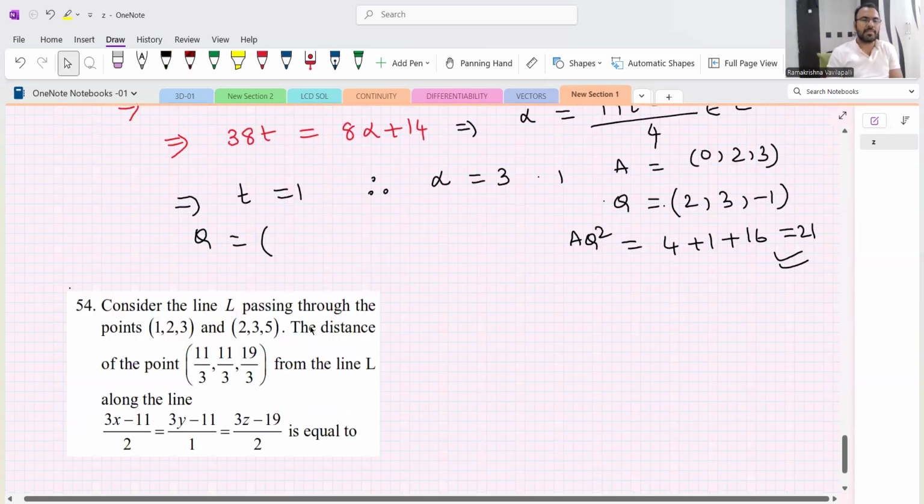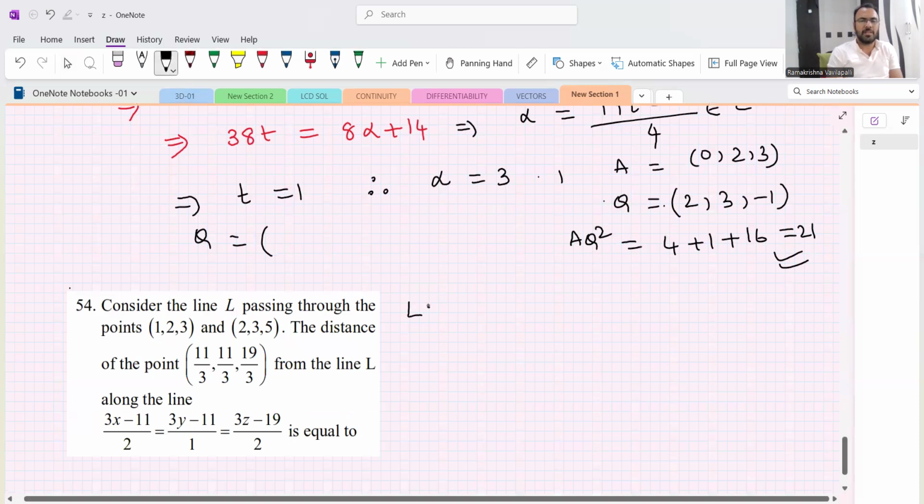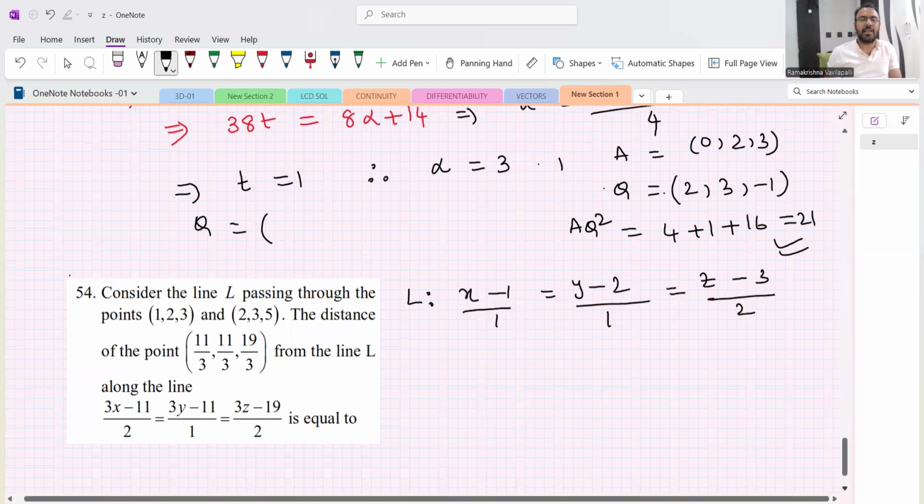Consider a line L passing through the point. So therefore line L is (x minus 1) by 2 equals (y minus 2) by 3 minus 2, equals (z minus 3) by 2. The distance of the point (11 by 3, 11 by 3, 19 by 3) from L along this line.